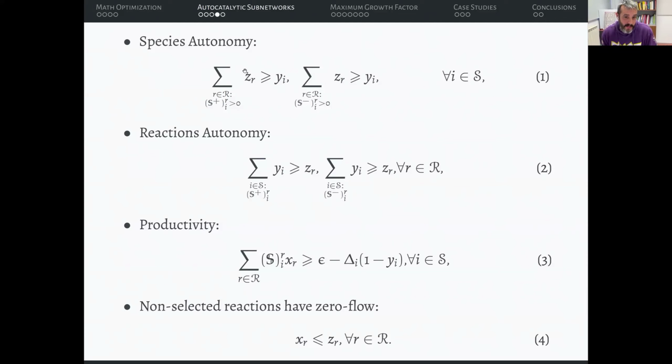Then the sum of the c variables must be greater or equal than 1, which means that there is at least one reaction in the subnetwork that is selected where this species is in the output, I mean, in the right-hand side of the reaction. And the other equation is the same, but for the reactants of the reaction. So we can write this condition about autonomy just by writing a linear constraint using these variables.